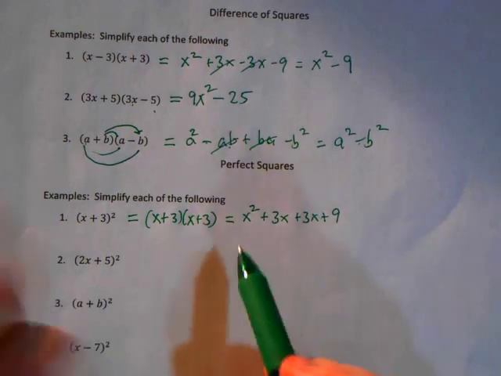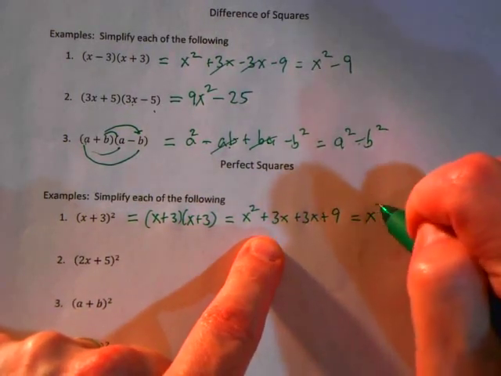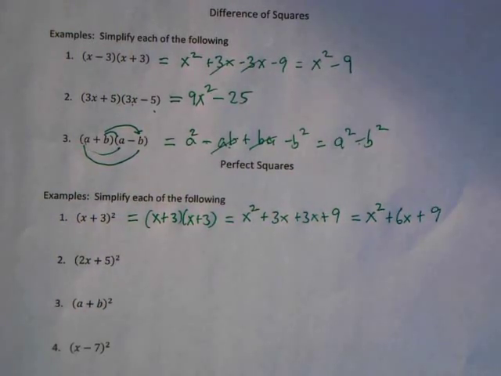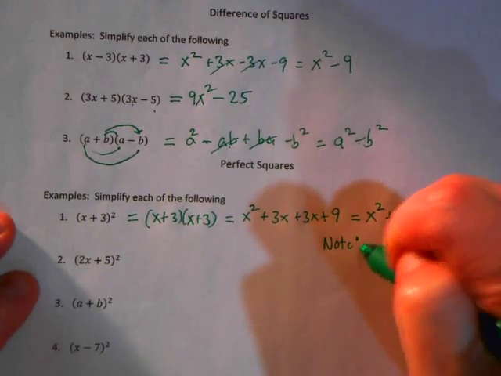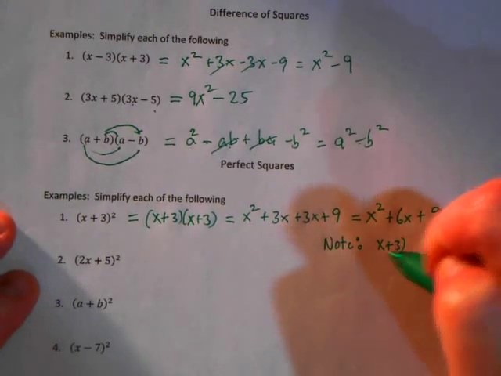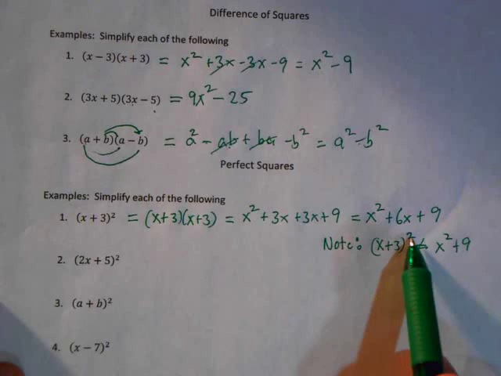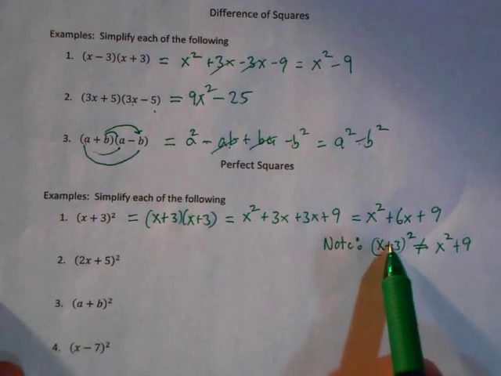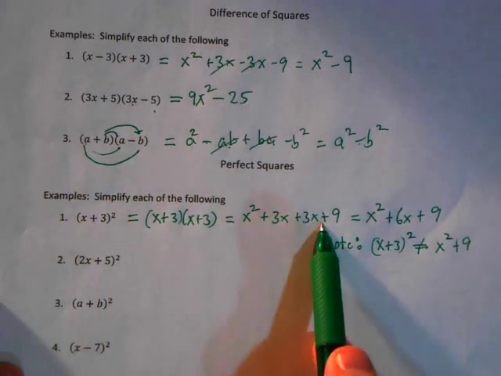The thing to notice is you got exactly the same thing in the middle this time. So that's x squared plus 6x plus 9. Note, important note, x plus 3 squared does not equal x squared plus 9. Squares do not work as a distributive property over addition. You can't just square the first one, square the last one.